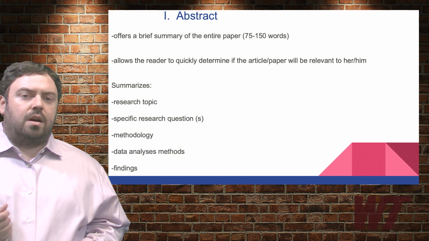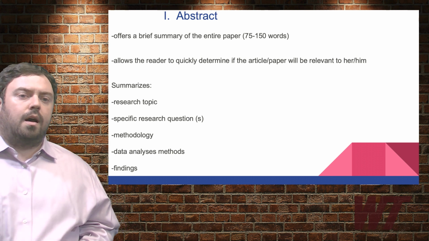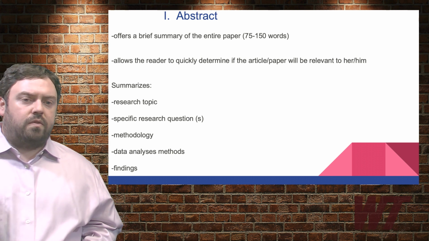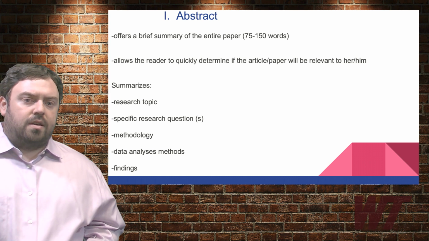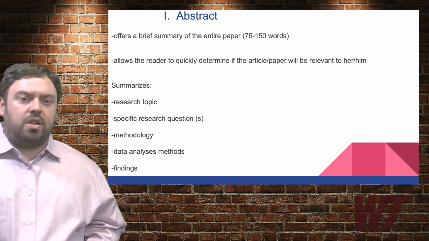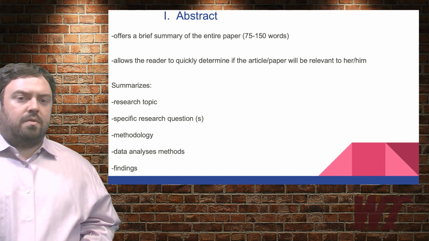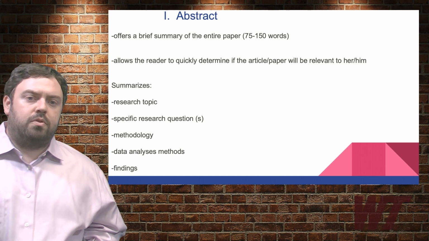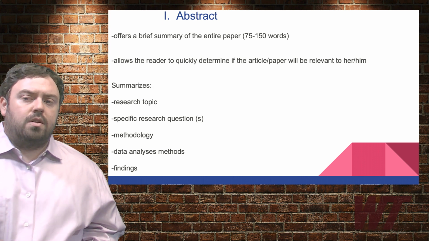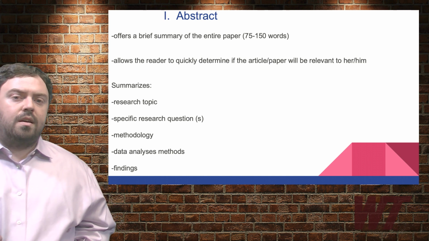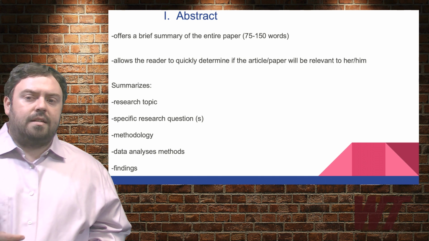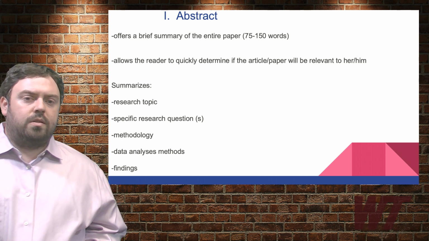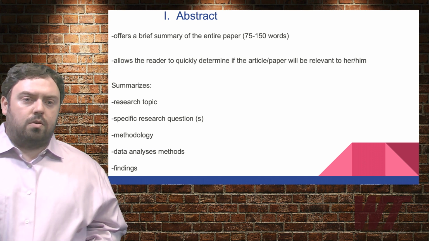It summarizes not only the research topic, it offers a discussion of the research question and how the study is designed, the methodology, any kind of data analysis methods, and then the most important part probably for an abstract is the findings. Based on the findings and also the structure of the study, that can tell researchers whether or not they want to read the entire article.